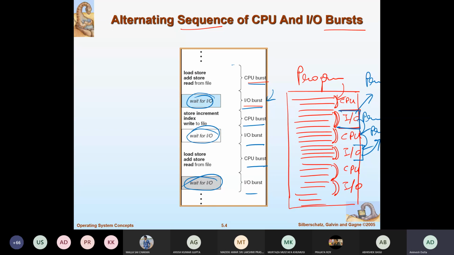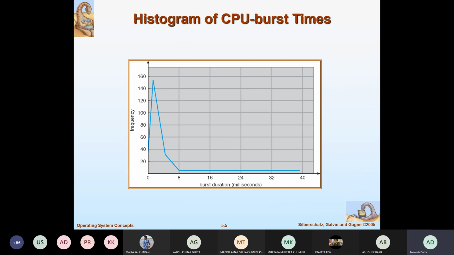And these burst values are very, very small in length. So if you see a typical program, it looks like this. This is the frequency and the CPU burst duration in a typical program. These are of the order of milliseconds, so you can understand how small it is.